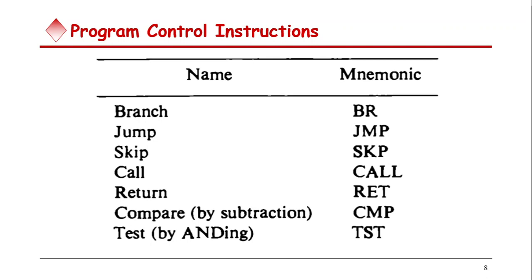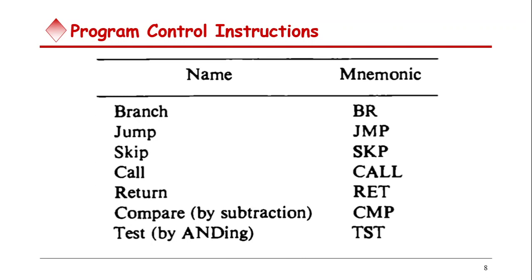Some typical program control instructions are branch, jump, skip, call, and return. Branch and jump instructions may be conditional or unconditional. An unconditional branch instruction causes a branch to the specified address without any condition.